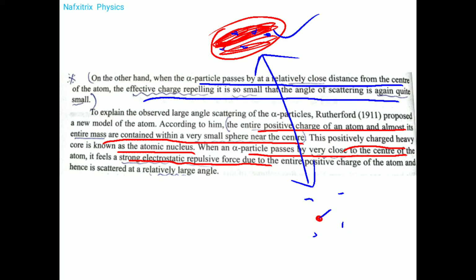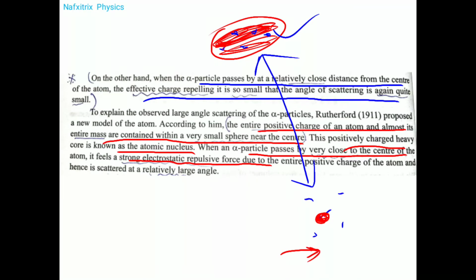And we know that an alpha particle is a positively charged particle. The nucleus has protons and neutrons. Of course, neutrons aren't having any charge, but protons have positive charge, hence the nucleus is positive. So these alpha particles are also positively charged, so they should get repelled.